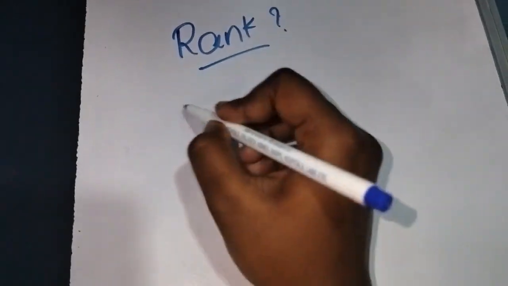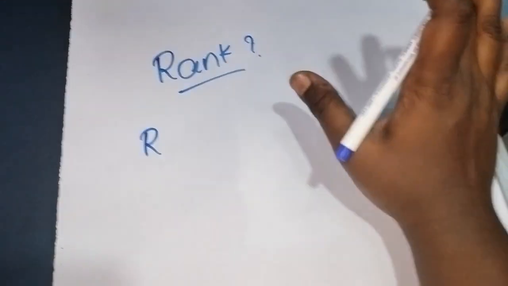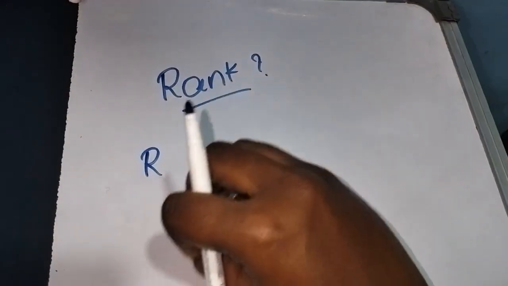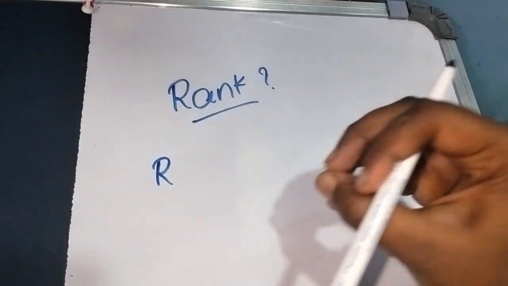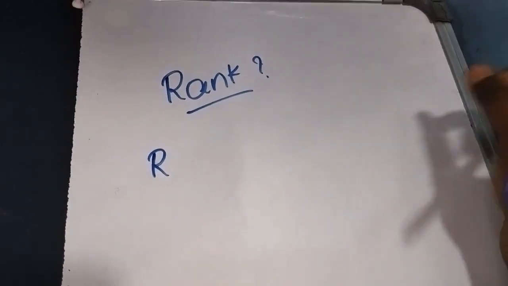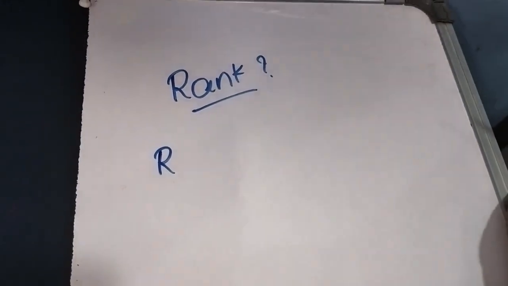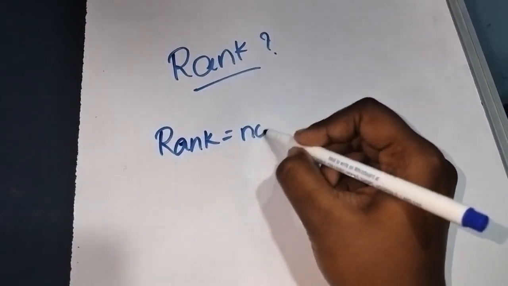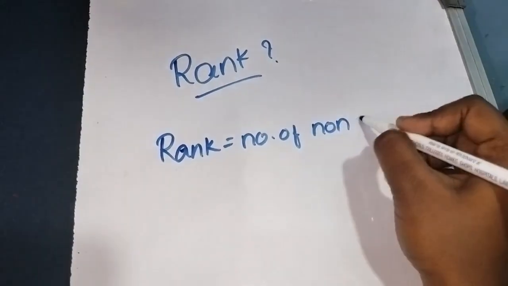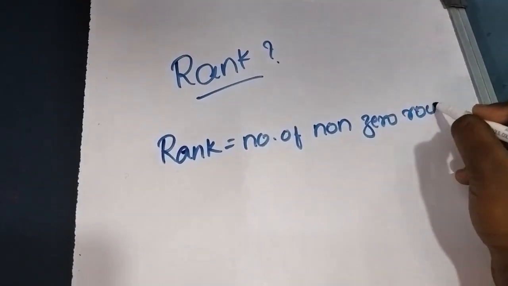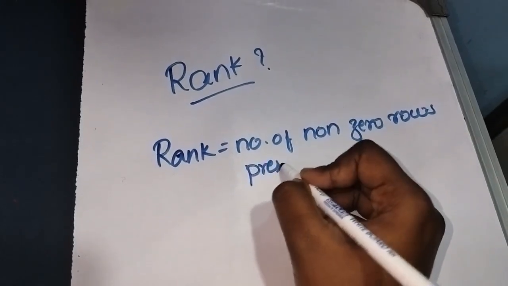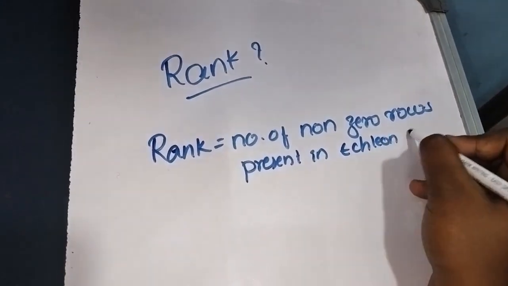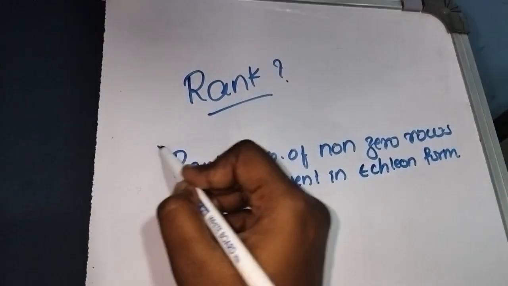We have a trick called echelon form. If, by using all the operations, we reduce a given matrix into an echelon matrix, then in that echelon matrix the rank is the number of non-zero rows present in the echelon form.